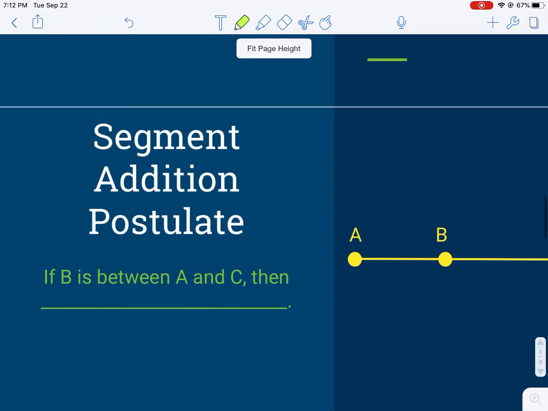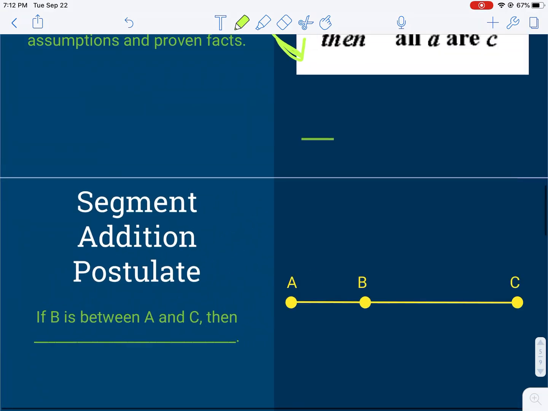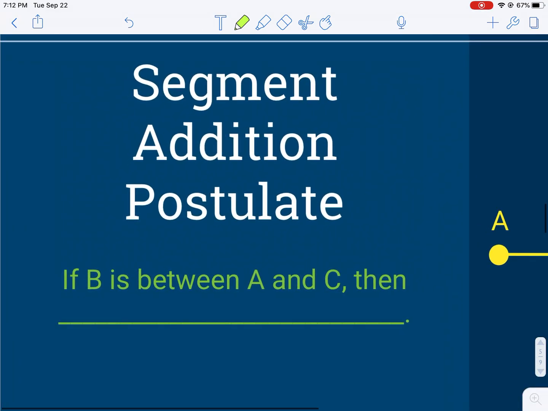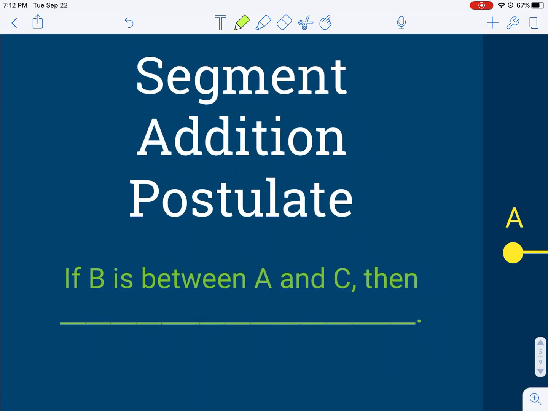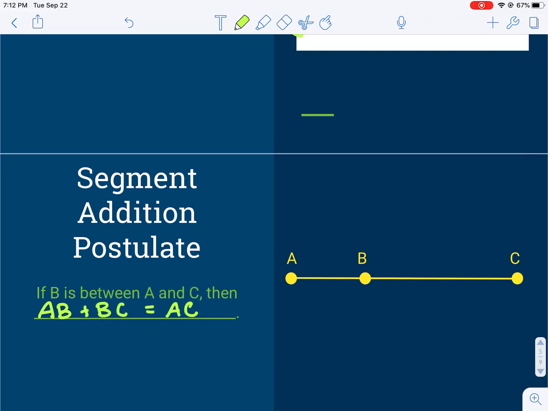My segment addition postulate is an example of that. It says that if B is between A and C, then AB plus BC must equal the length of AC. And that makes sense, because looking at this length plus that length has to equal the whole length.